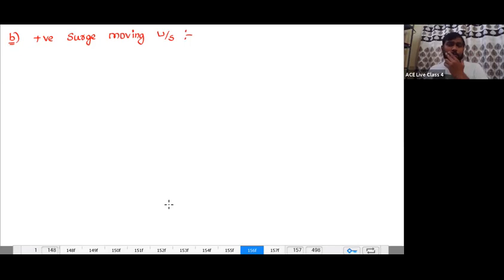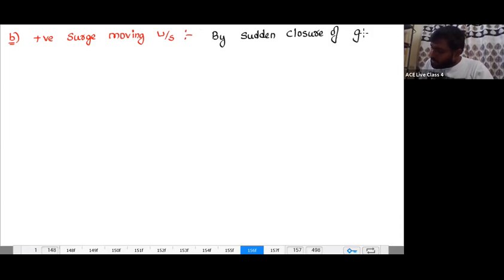See, what is the meaning of positive surge moving towards upstream? So on the upstream side, water level should rise and it move towards the upstream side. Yes or no? So now you tell me what is going to be happen here is by sudden closure of gates. By sudden closure of gates. Okay. Now you see.